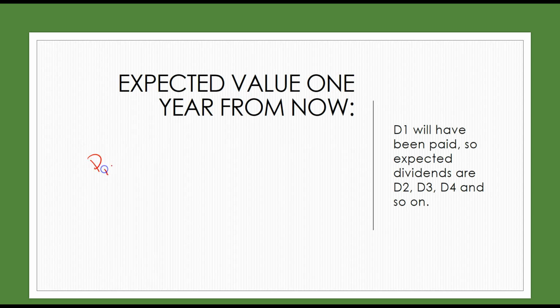The expected price 1 year from now would be equal to the next dividend you would receive, which would be D2 at this point, divided by the required return minus the growth rate. So we would need to calculate D2. We said $2.12 was our last dividend, times 1 plus 6%. That gets us $2.25.